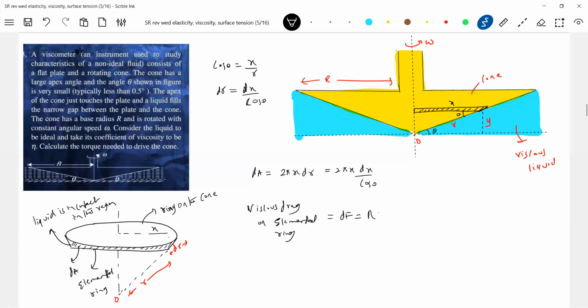Coefficient of viscosity eta. What is the area of that elemental ring? dA. What is dA? Area of elemental ring. What is the speed of that? V, omega. Let me show that tangential speed, V, like this. I think better. So what is V? V equal to x omega.